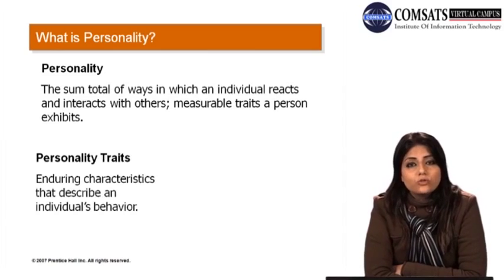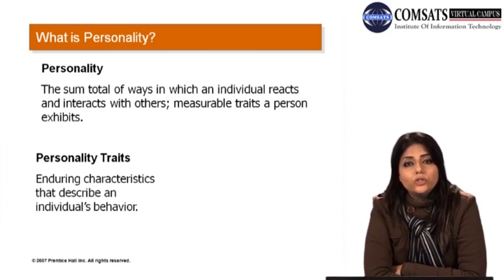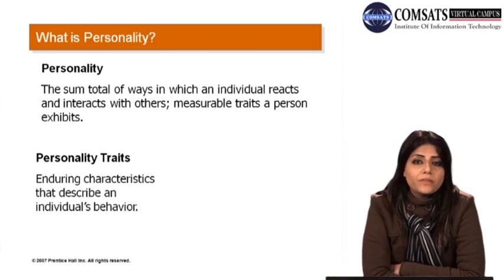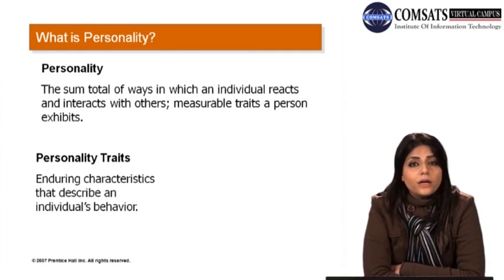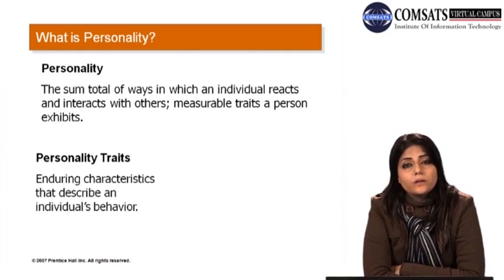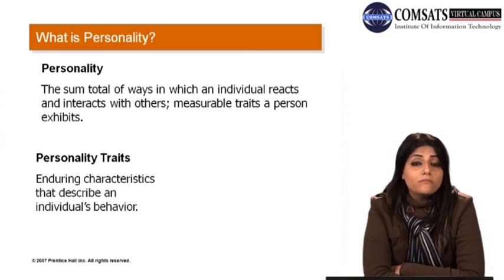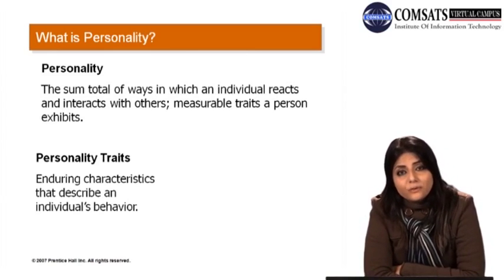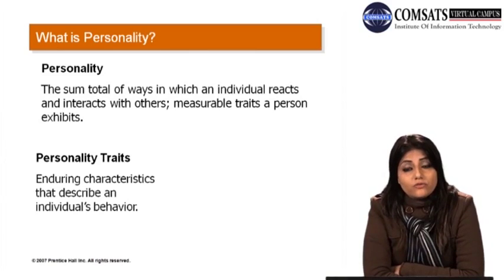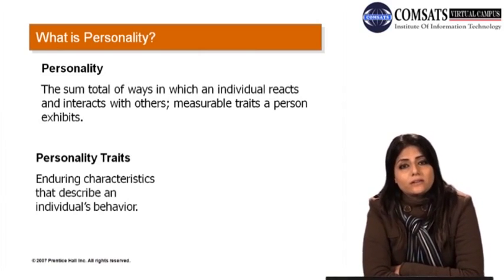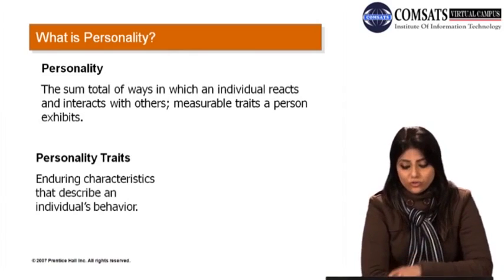The traits are the orientations of the individuals, and they tend to be majorly stable, right? It's difficult for them to change over time. So traits are those personality characteristics. It is important for us to understand.